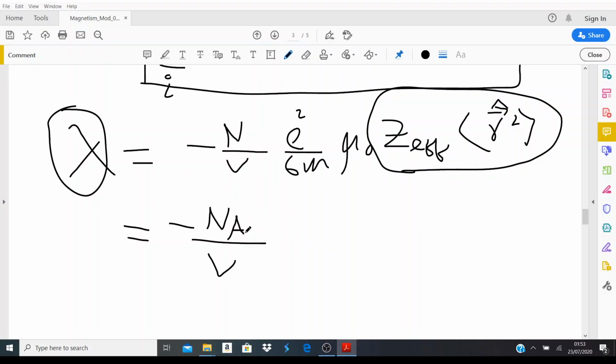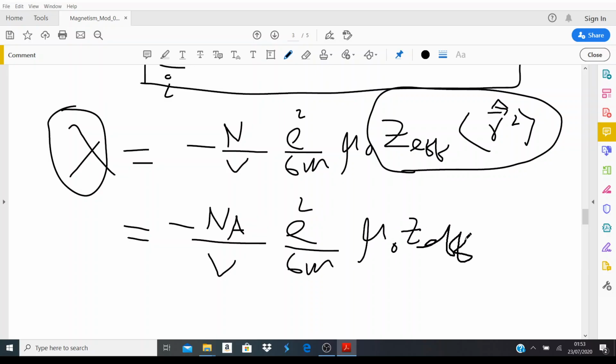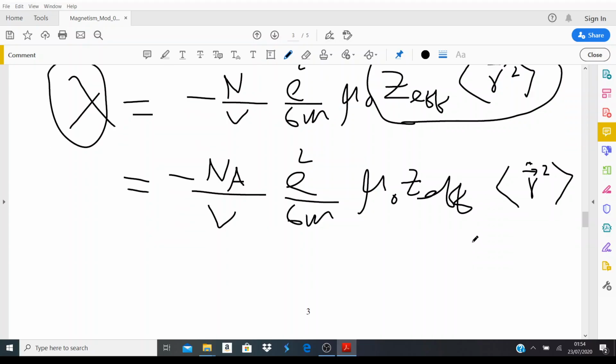So when you replace n by N_A in this expression, this will give you the molar susceptibility, and then we have the expectation value of r squared here. And all these values are known: the charge, the mass, the N_A, everything is known to you.